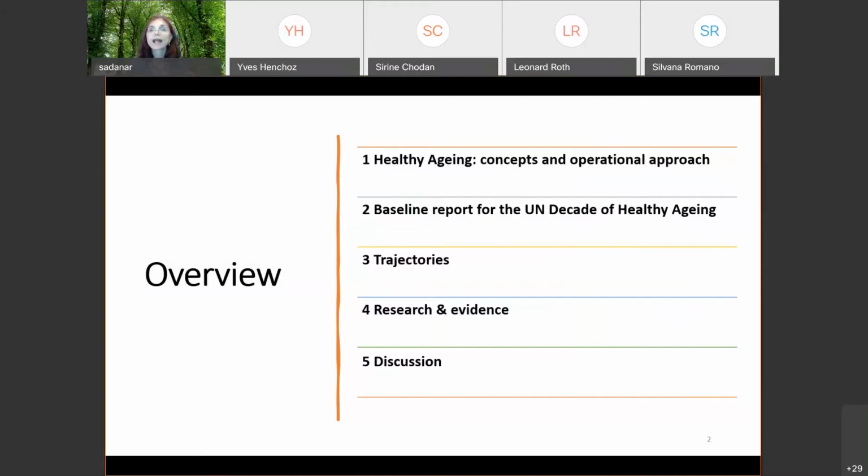But as I was asked, I would like to give some insights on the concepts of healthy aging and the operational approach WHO has taken so far, and also describe some of the key findings from a recently released baseline report for the new UN Decade of Healthy Aging that we just had endorsed both by WHO member states and by the General Assembly of the UN.